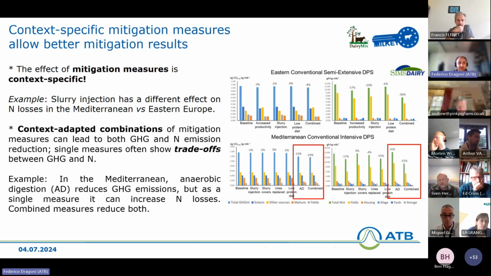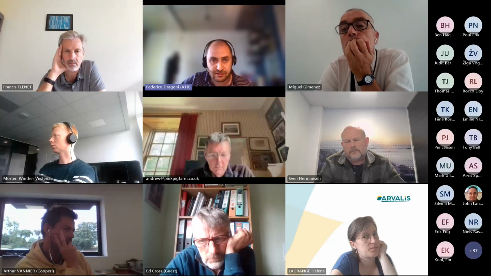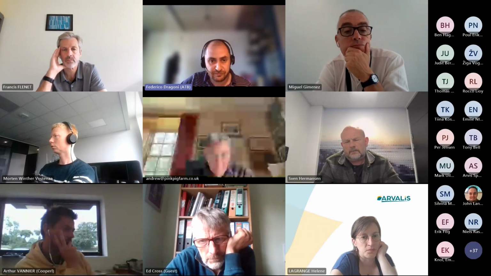But when properly considered in a system in which this is used in combination with slurry injection, slurry covers, and so on, the trade-off is completely mitigated, and you actually have a nice synergy between these measures, and you have minus 15% greenhouse gases on the footprint of the milk you produce, and minus 31% on the nitrogen losses. So the take-home message is, when talking about these measures, to consider the whole system, and the combinations can really matter and make a difference.